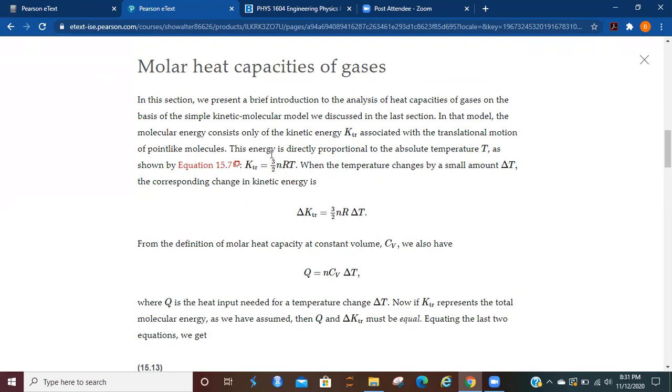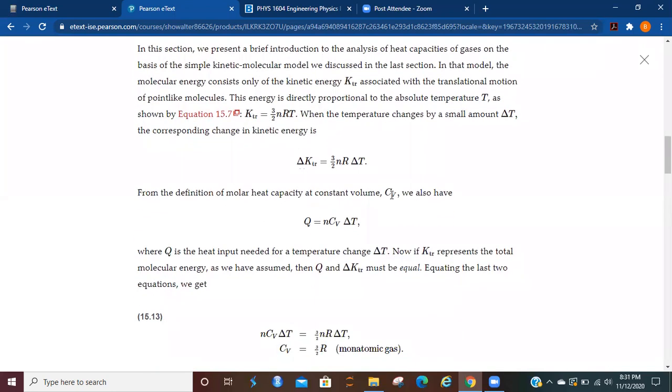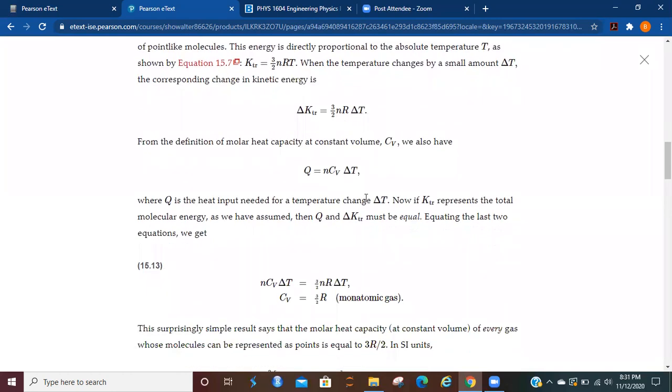It turned out to be this. When the temperature changes by a small amount, the corresponding change in energy is going to be this. So the change here is going to be the change here. From this definition of the molar heat capacity at constant volume, you're going to have this relationship as well.